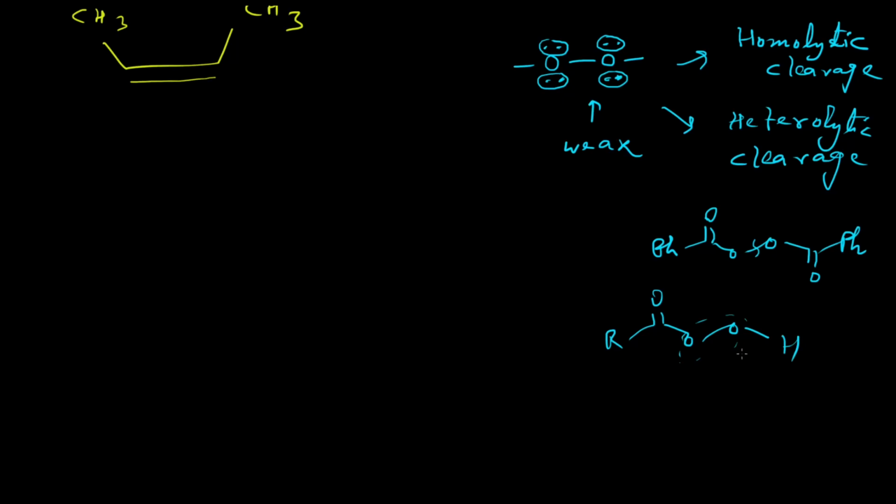If this oxygen is the electrophilic center, then attack by a nucleophile at this center will eventually expel this carboxylate group from the system. We all know that carboxylate gets stabilized via conjugation.